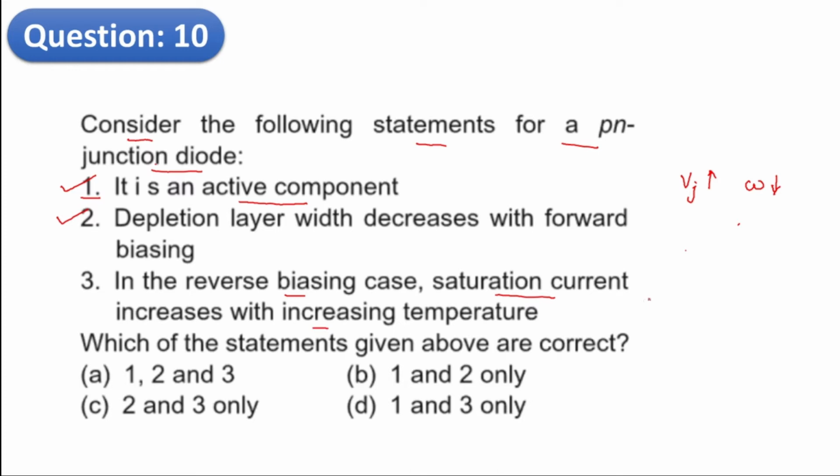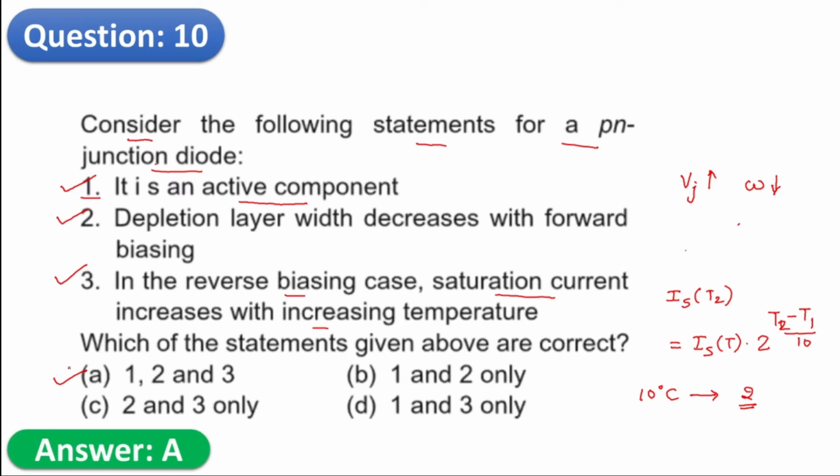We know that I_S(T2) equals I_S(T1) into 2 to the power (T2 minus T1) divided by 10. When the temperature increases by 10 degrees, your reverse current will double. That's why the third statement is also correct. So the correct answer is option number A.